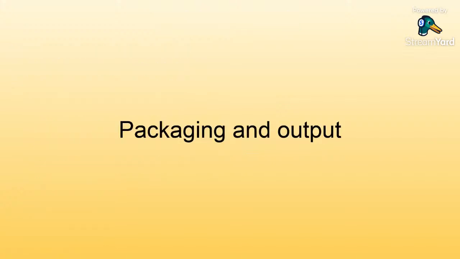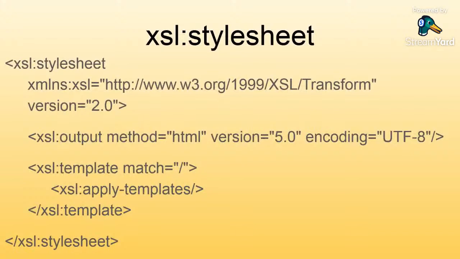A couple of quick notes about packaging and output. This is again not something that you'll need to do from scratch very often, but every XSL style sheet, in addition to having all those templates, has a certain amount of packaging around it. Firstly, the root element of the style sheet document, remember that every XML file has to have a root element.